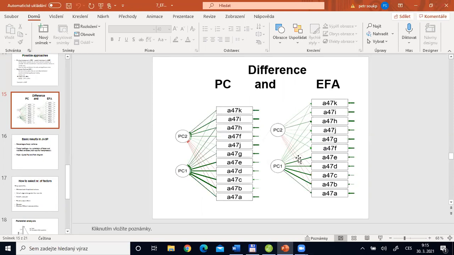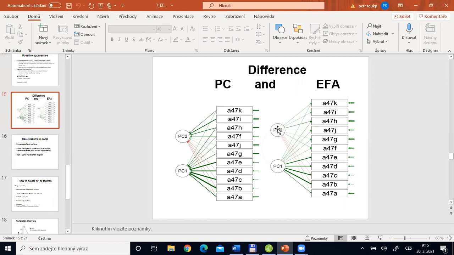Yeah, okay. Now I would like only to add some comments. For most phenomena, exploratory factor analysis is maybe much better. For example, here is intelligence, here are results of the test.